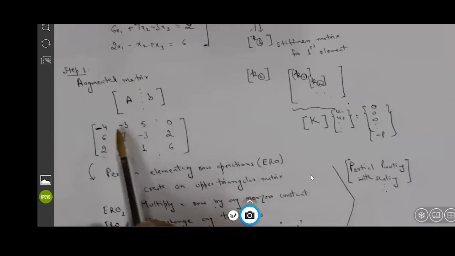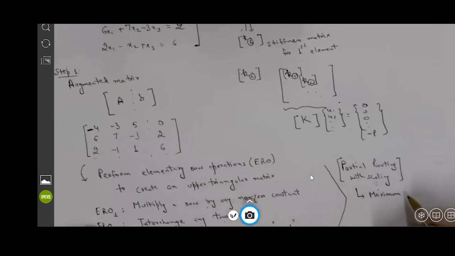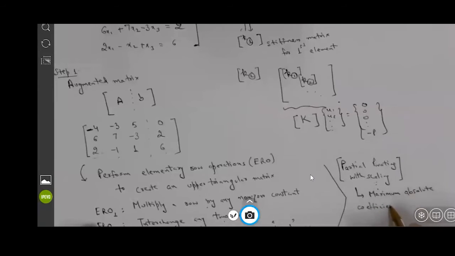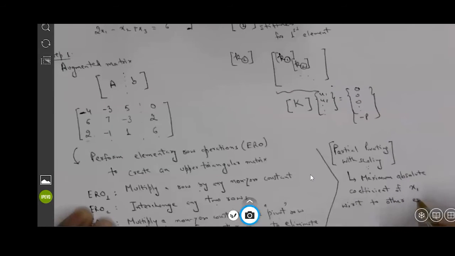In the A matrix, you look for the maximum absolute coefficient of x1 with respect to the other entries in each row.